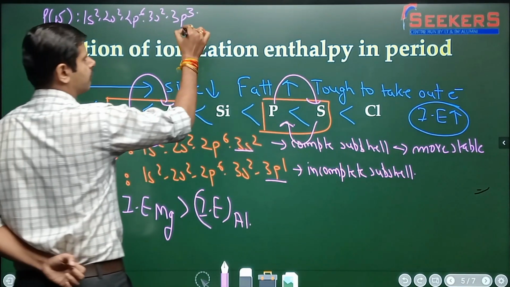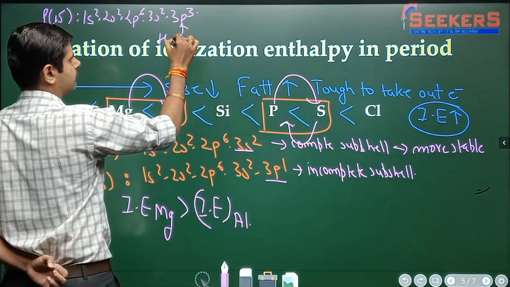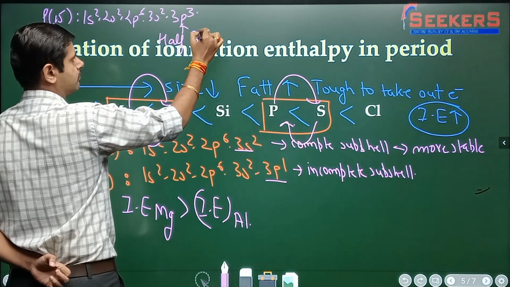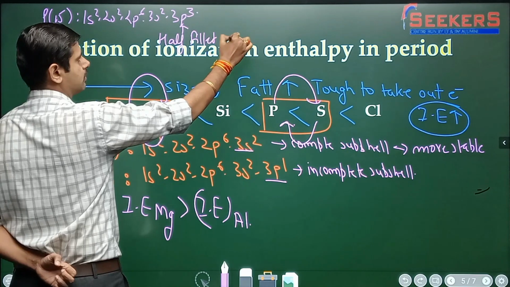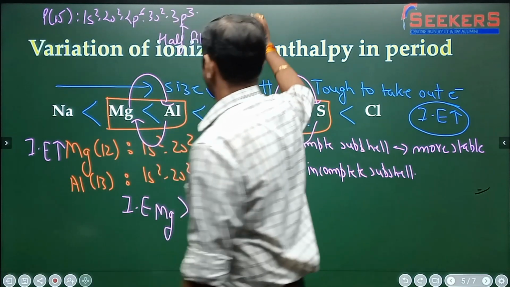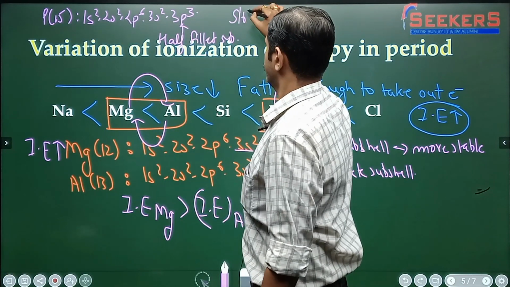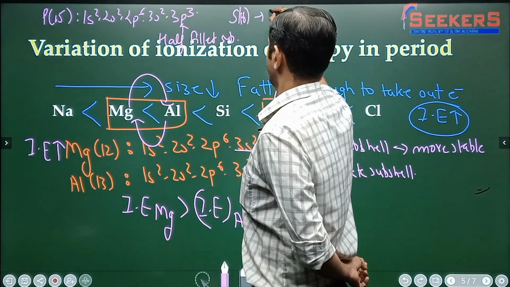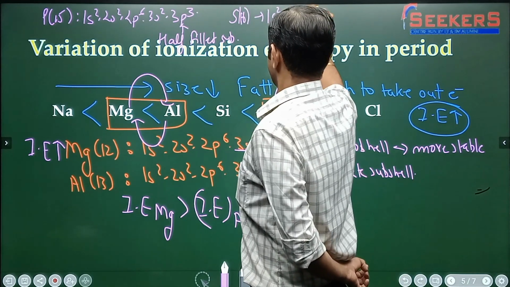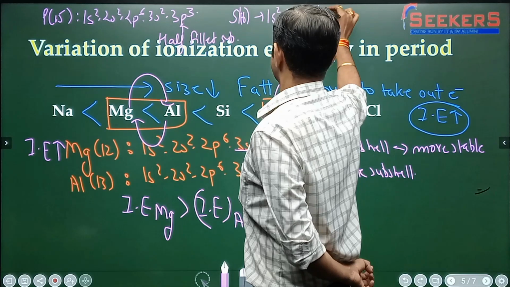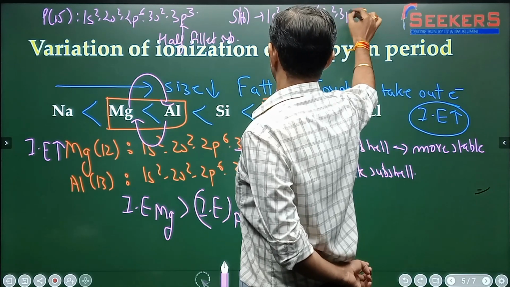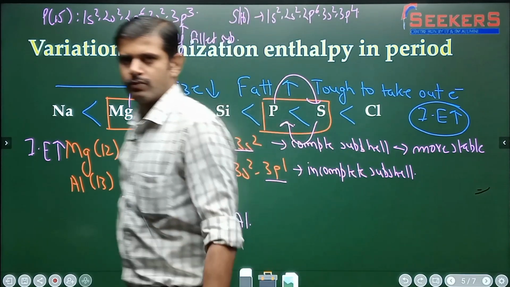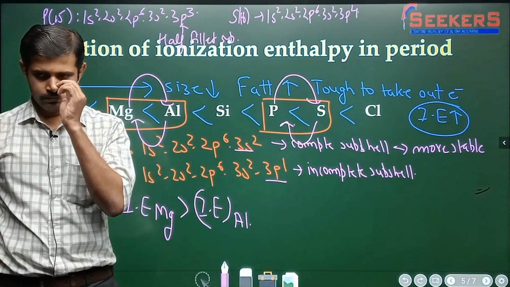This is a half filled subshell. While sulfur, atomic number 16, is 1s2, 2s2, 2p6, 3s2, 3p4.